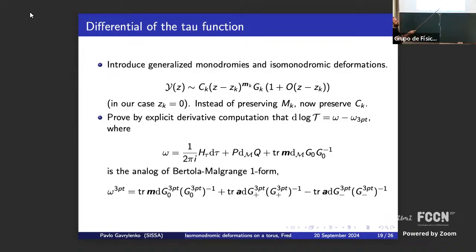There are derivatives of matrices that diagonalize connection matrices in our problems. So we have this one-form, and we automatically get another one-form which is related to this auxiliary problem.